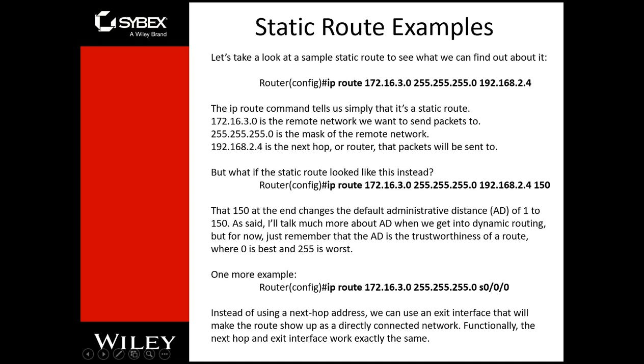Here, we specify almost the same thing as above, only we add an administrative distance of 150. Then finally, down below here, I have an IP route, again, 172.16.3.0 with 255.255.255.0, and then we specify the exiting interface, which in this case is S000.